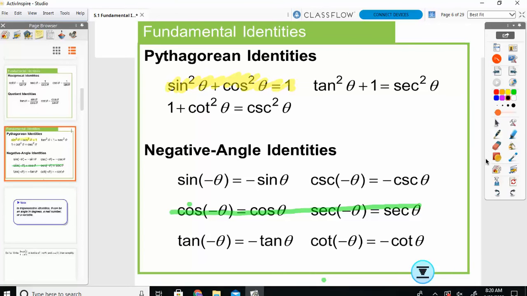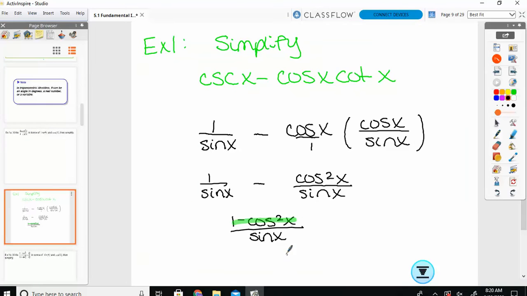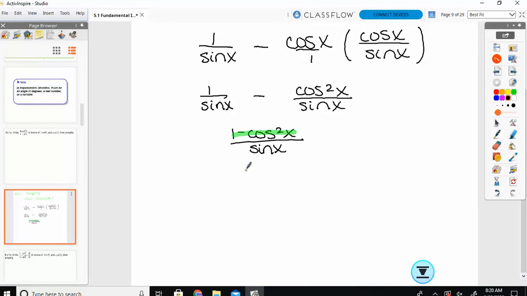That is probably going to be our most common identity. If you subtract cosine squared over, sine squared is 1 minus cosine squared. That's an equivalent way of writing that identity. So in my problem, I have 1 minus cosine squared, so I can replace that with sine squared.